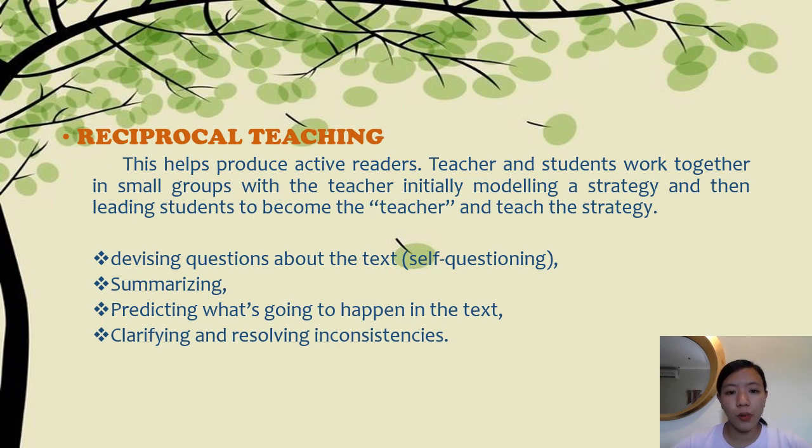And here are the four strategies taught in this way to help students monitor their understanding and learning of text. They are devising questions about the text or self-questioning, summarizing, predicting what's going to happen in the text, clarifying and resolving inconsistencies.